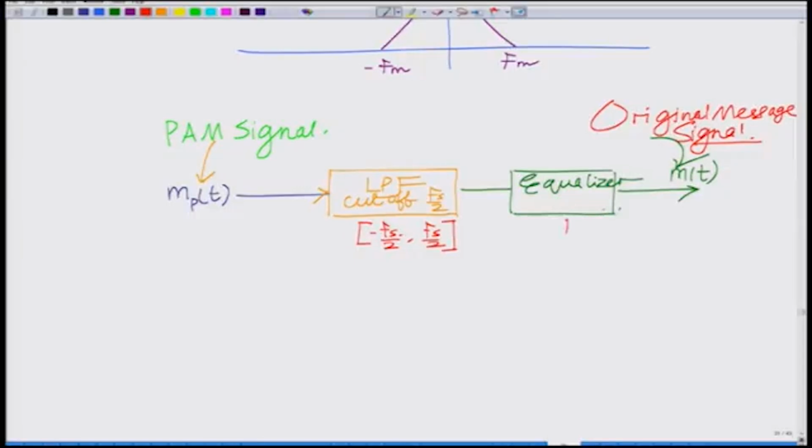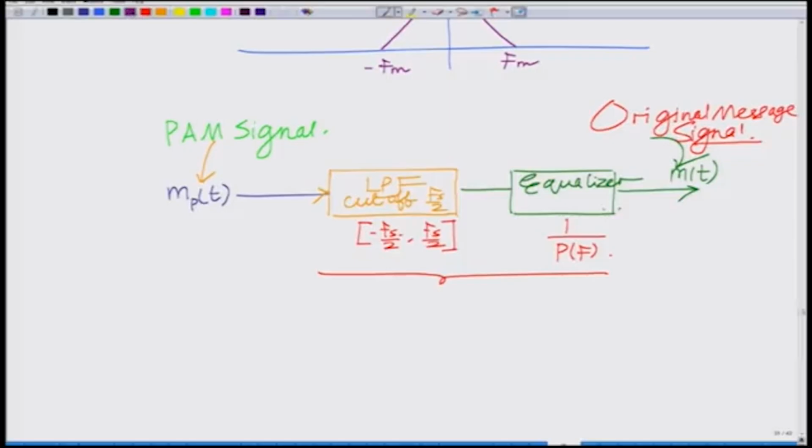What the equalizer is doing is simply inverting the distortion caused by the sinc windowing function in the frequency domain, and then you get back the original signal m of t. Alright. So, basically the pulse amplitude modulated signal has to go through a two-step reconstruction process. First low pass filtering to extract the component at 0 frequency, and of course subsequently the equalizer.